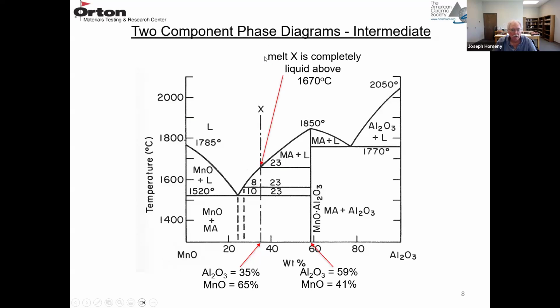So as soon as we cool this composition X, we run into the liquidus curve right here. If you look at the temperature axis, this point is about 1670 degrees C. If we're just above this temperature, we have all liquid present. And as soon as we drop below the liquidus temperature at 1670, we'll start to crystallize Ma.